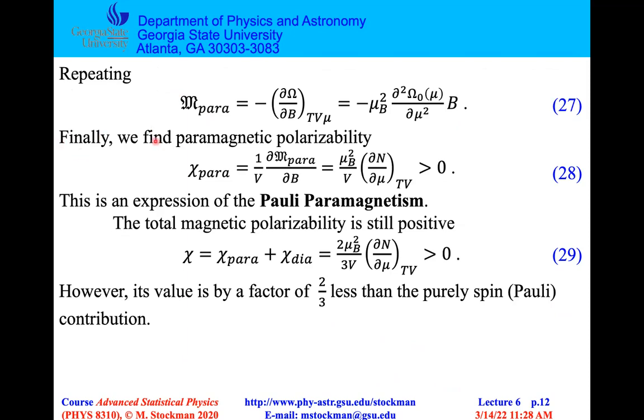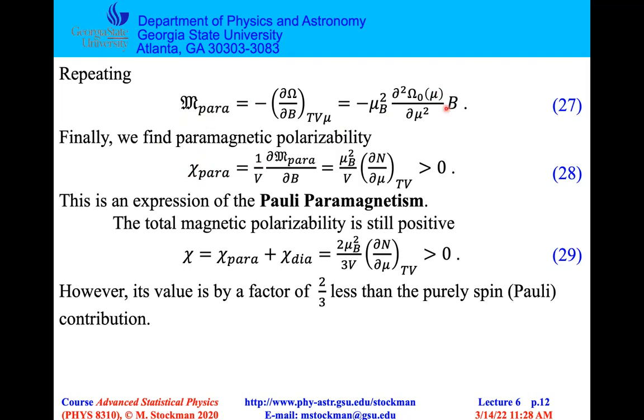Finally, find magnetic polarizability. Magnetic polarizability will be derivative of this quantity of magnetic moment over B divided by volume to get density. That's what will give you magnetic permeability. Its contribution multiplied by 4 pi, it is contribution to magnetic permeability.